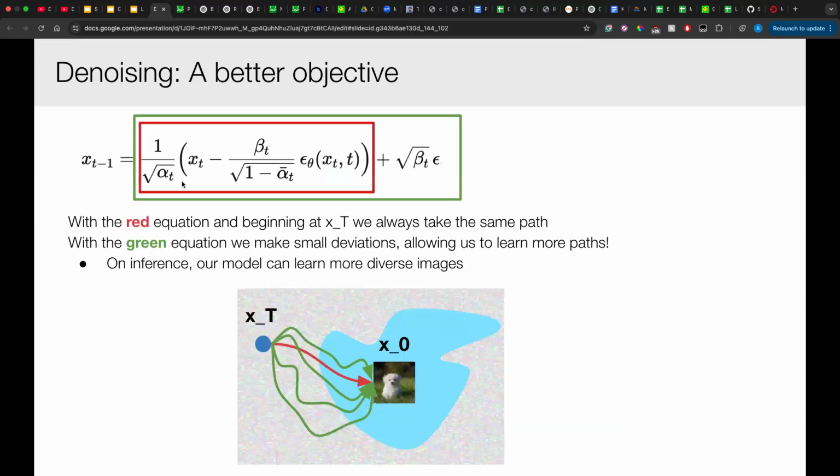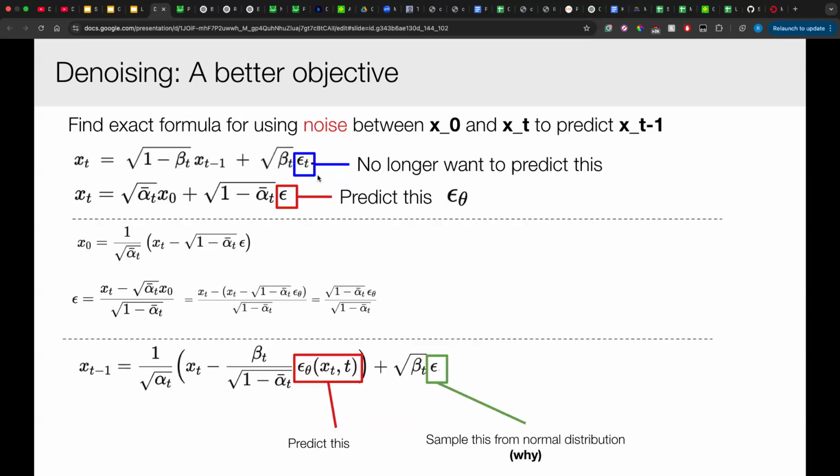Where on the red section, effectively, what we're doing is we're taking x of t, our current noised image, and then we're subtracting some scaled factor of noise, and then scaling that down further. So in other words, we're taking our noise image and subtracting the amount of noise.